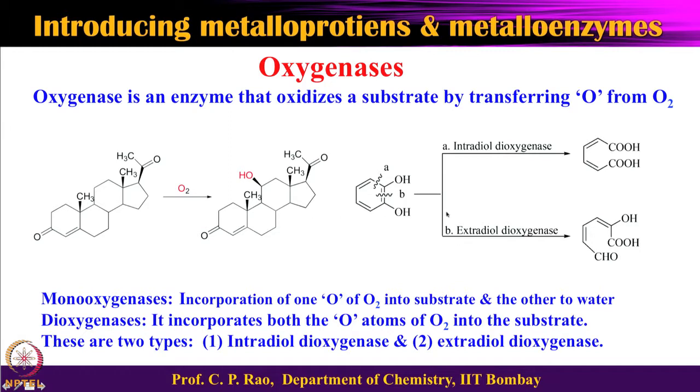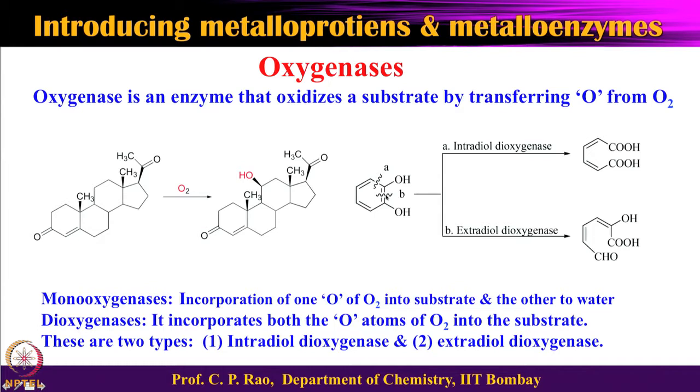Okay, the second part of this is the dioxygenase. The dioxygenase means both the oxygens are added to the substrate. Now, in this there are two ways with respect to a double bond. This is the double bond. You can add across the double bond in an equal way, or you can add outside this double bond.